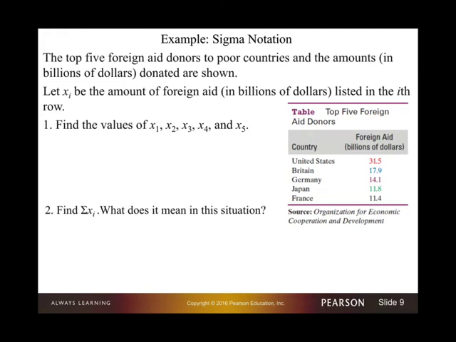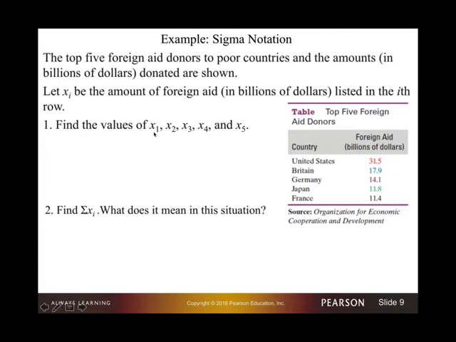Okay, example, summation notation. The top 5 foreign aid donors to poor countries and the amounts in billions of dollars donated are listed, and let xi be the amount of foreign aid listed in the ith row. So we have the data set in here. I want you guys to find the values x1, x2, x3, x4, and x5.